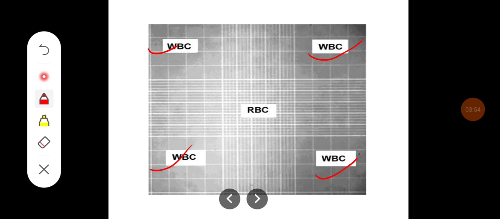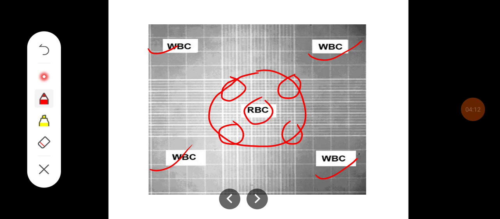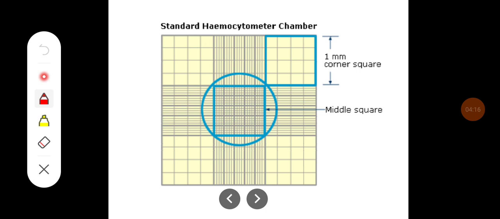That means there will be 25 small divisions. Each small intermediate square is again divided into 16 small squares in which the RBCs are going to be counted. So these are the 5 squares utilized for counting of RBCs.